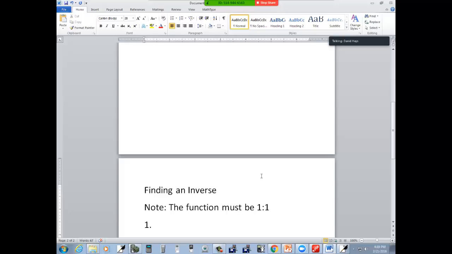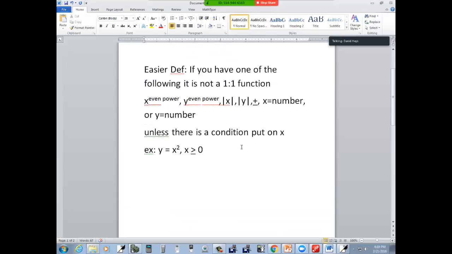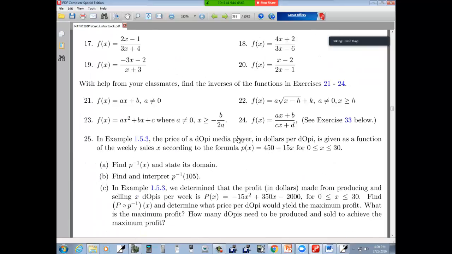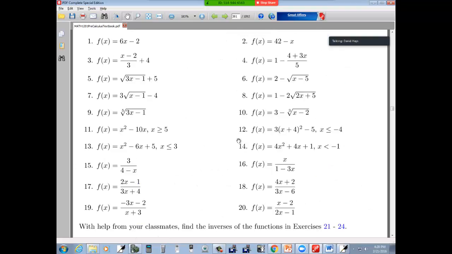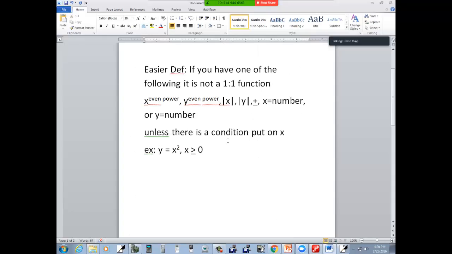No, in that particular case, since it's actually a vertical line, it would not be one-to-one even if you put restrictions on it. Oh, okay. And the reason why is, remember the vertical line test? There's also a horizontal line test. If it fails a horizontal line test, then it's not one-to-one. So that would be the oddball exception to the exception I just mentioned.